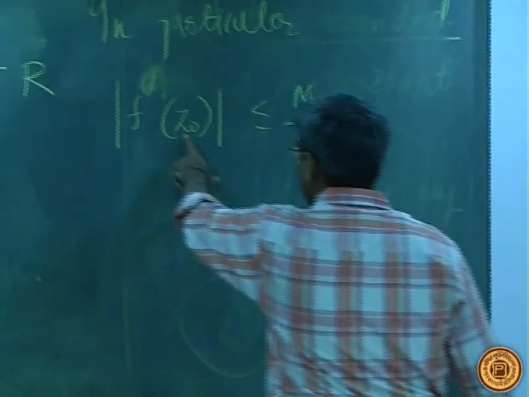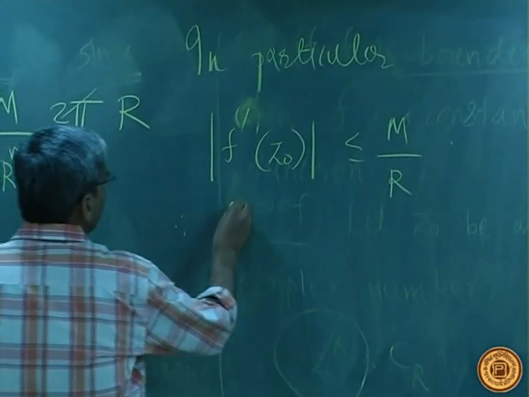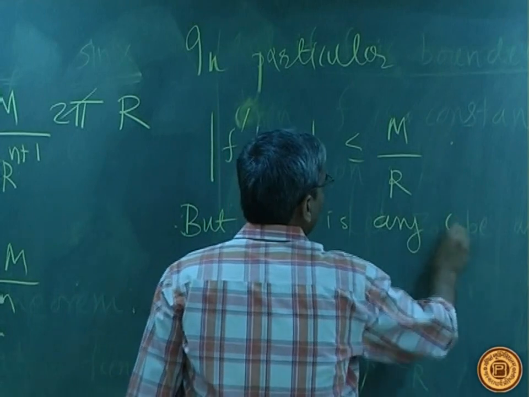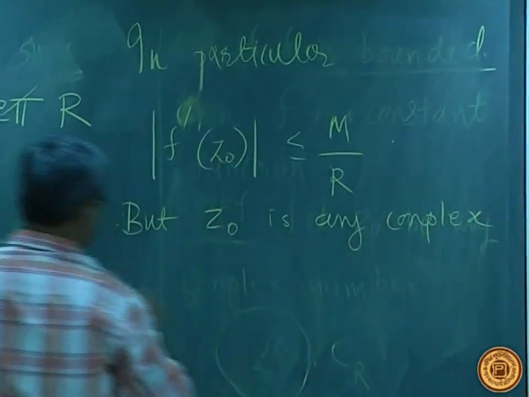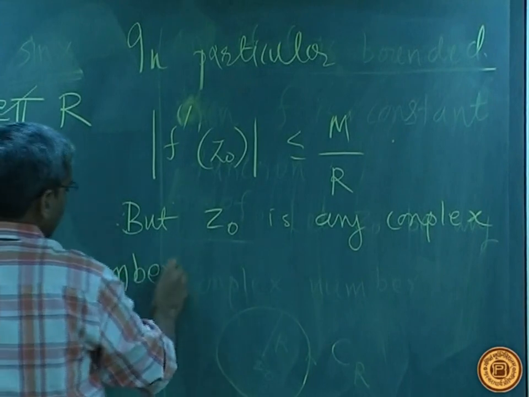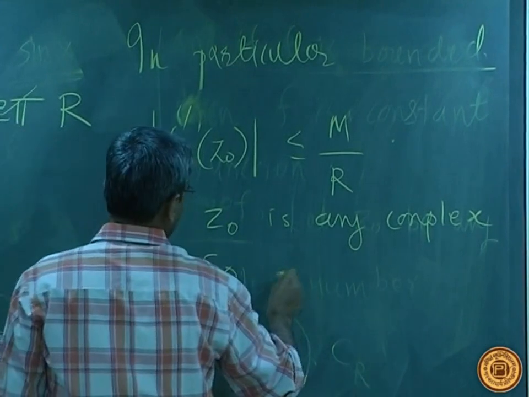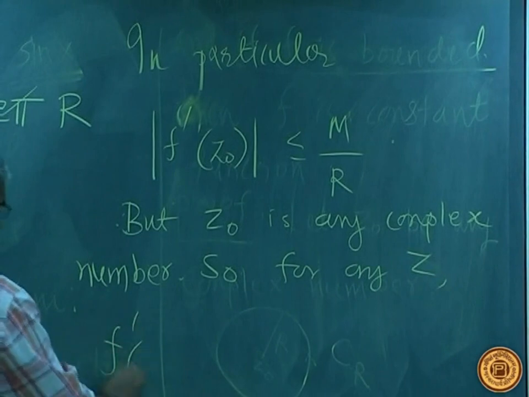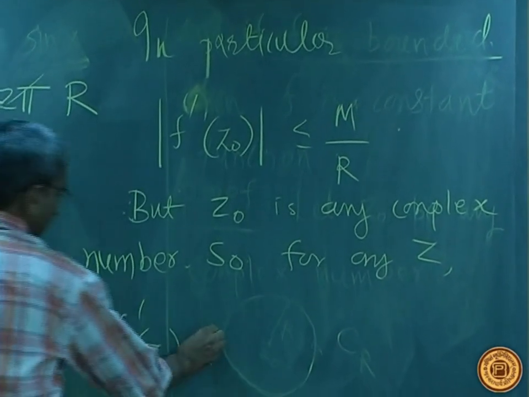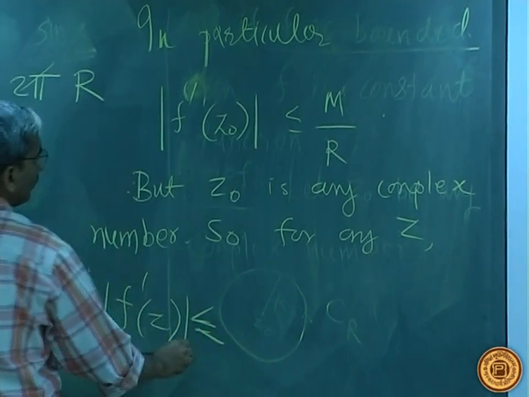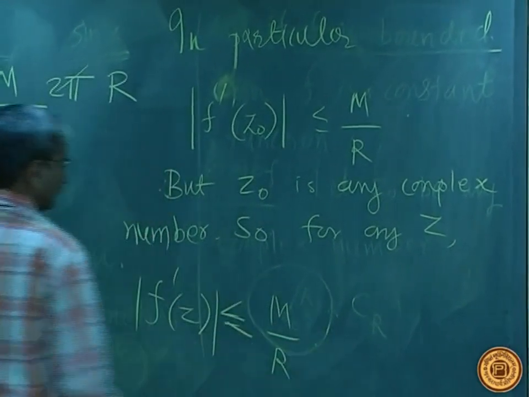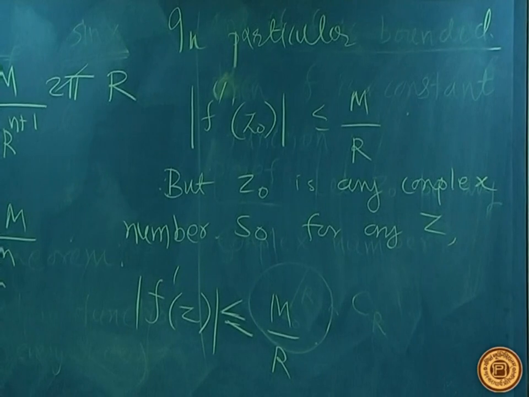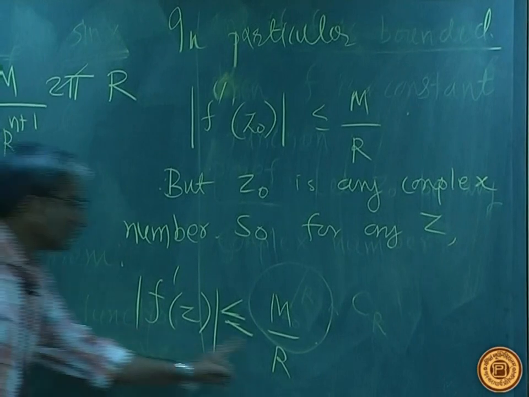Therefore, for any z, mod f dash z is less than or equal to M upon r, where r is the radius of the circle with center at z.